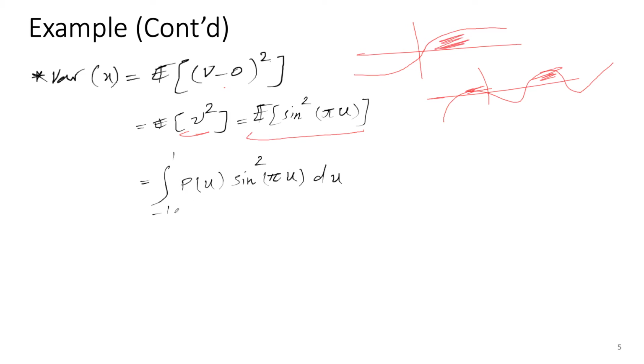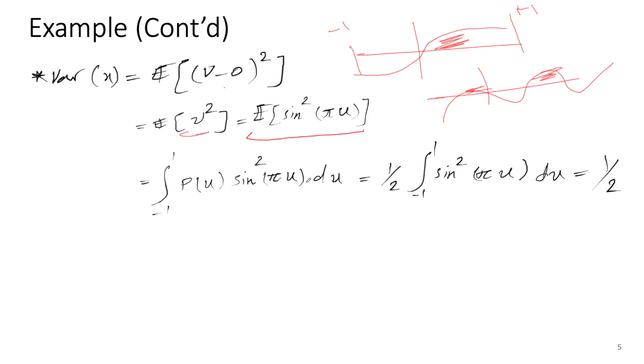So this would be the area from the window of the points which have the uniform distribution. So the window would be from -1 to 1, P of u sine 2 pi u du. So in this case, if you want to compute the variance, you have to compute this integral.